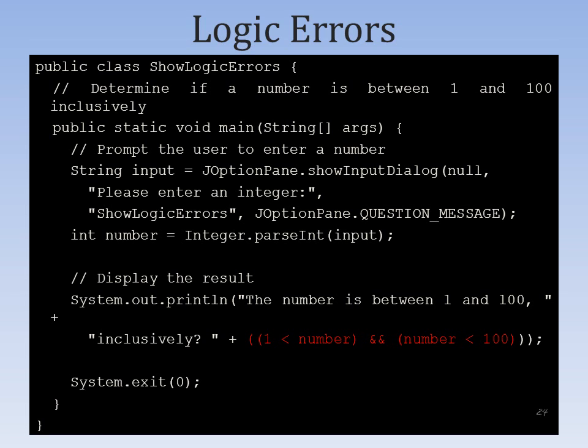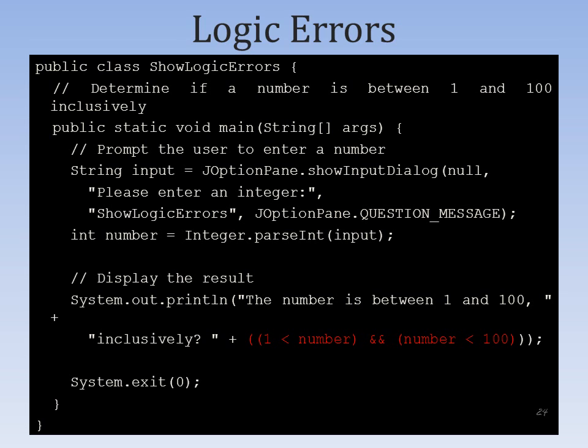I've been skipping the GUI stuff. But more importantly, the part of the line that is highlighted in red is right now beyond our understanding of testing, but I'll tell you that it tests to see if 1 is less than the number that was entered. The two ampersand signs mean and the number is less than 100.